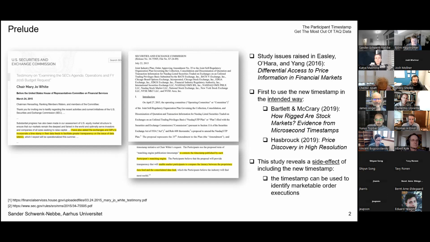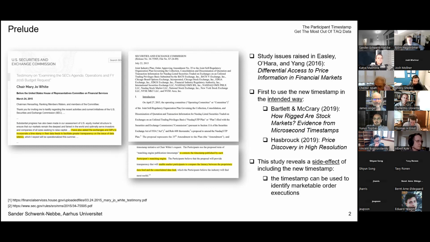Having access to these two timestamps, you can measure the extra time spent between an event happening at an exchange and it being published or disseminated on a public data feed. This amount of time is known as dissemination latency, and that was the intention of including this timestamp. Issues raised in Easley, O'Hara, and Yang from 2016 can now be studied.